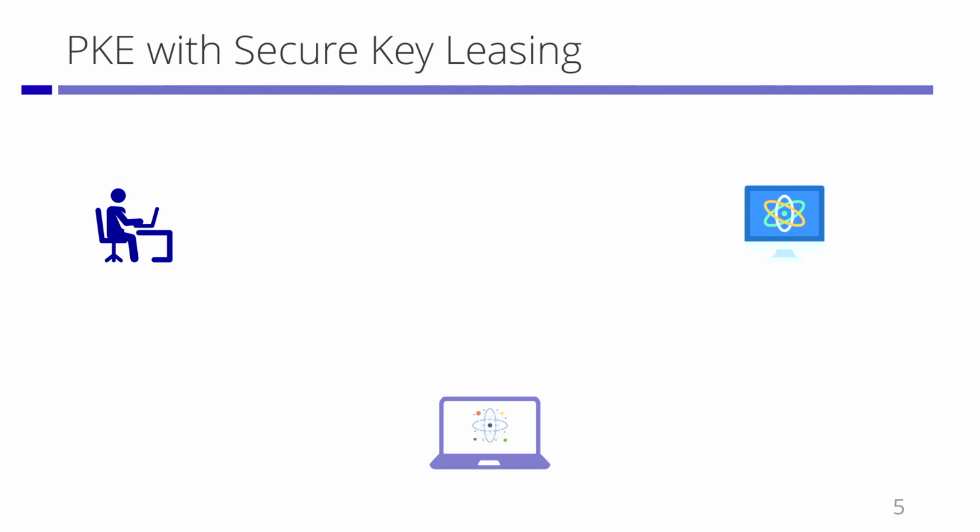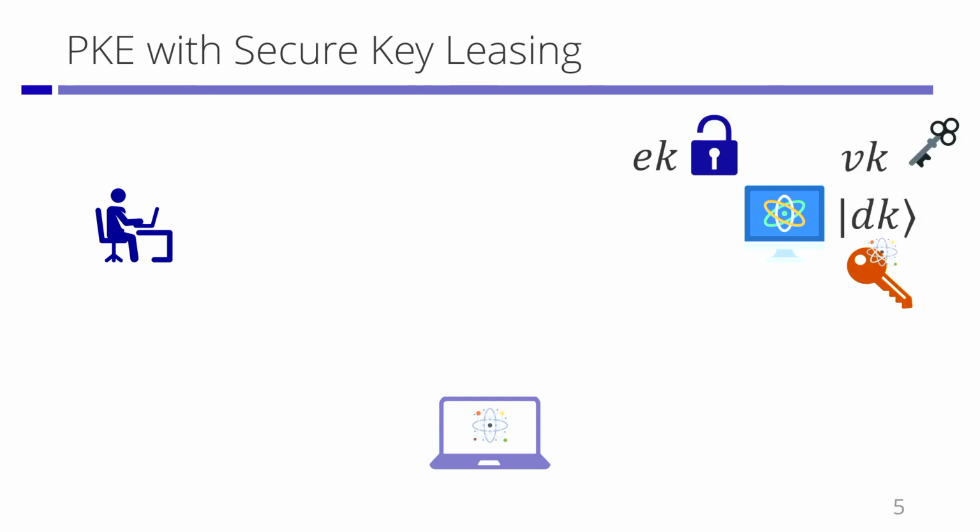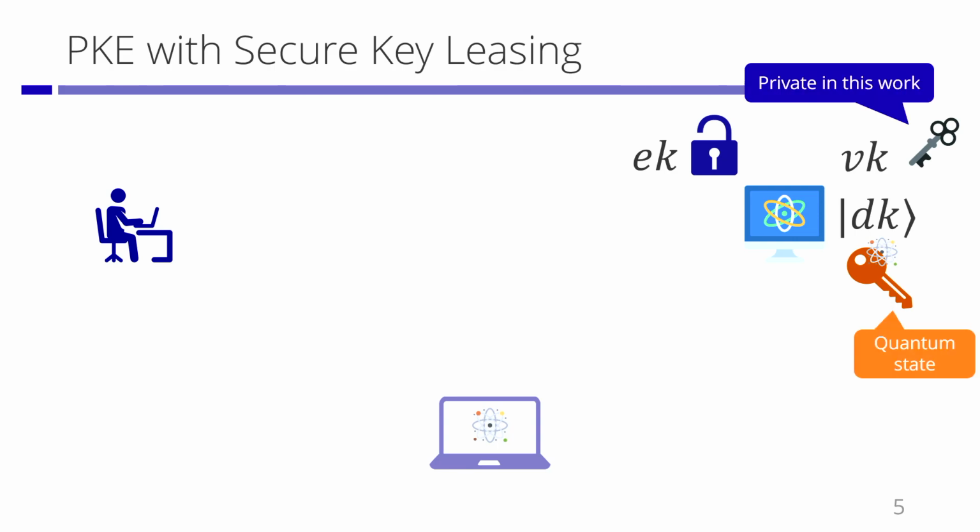To achieve this primitive, we need the power of quantum computation. So Alice generates a public encryption key, a quantum decryption key, and a verification key. Here, a verification key can be public or private, but in this work, we consider a private verification key.